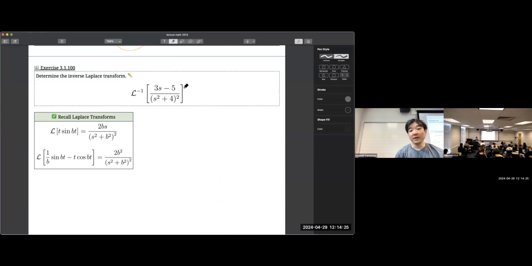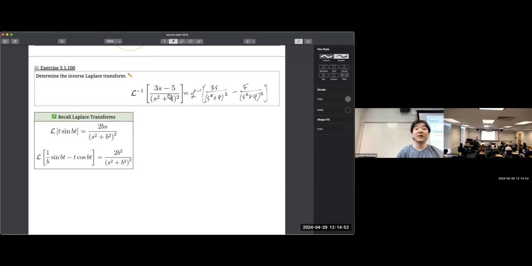So when we're computing the inverse Laplace transform of this, again, you could split this into two fractions. So it's going to be like the 3s over the s squared plus 4 squared, and then there's going to be a minus 5 over s squared plus 4 squared.